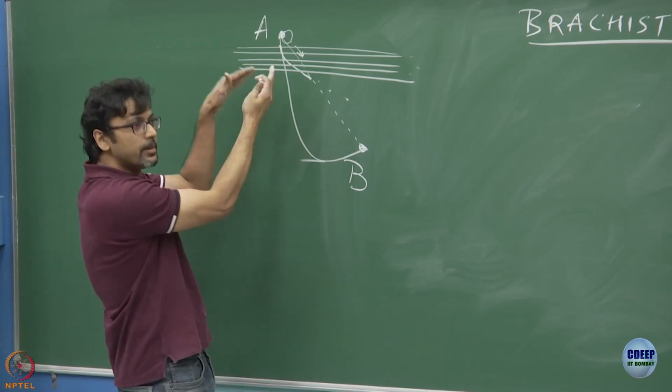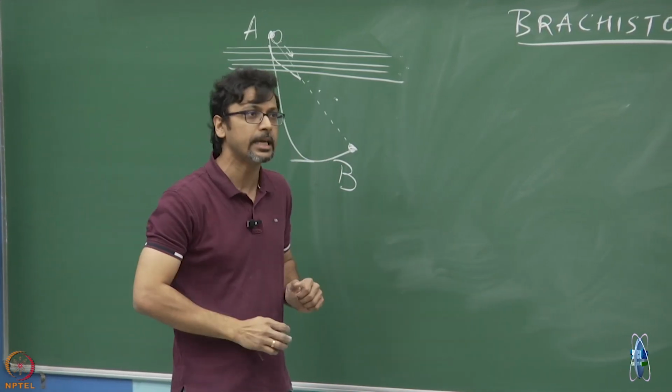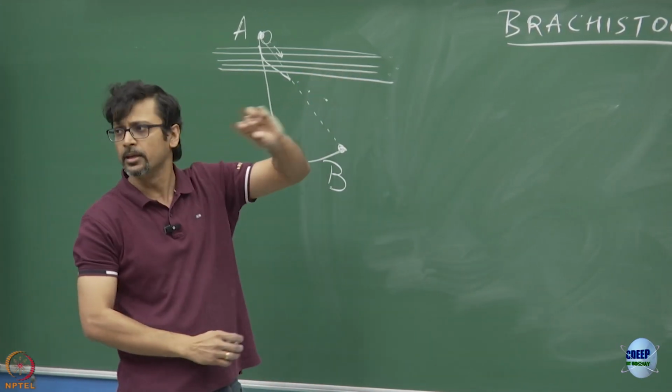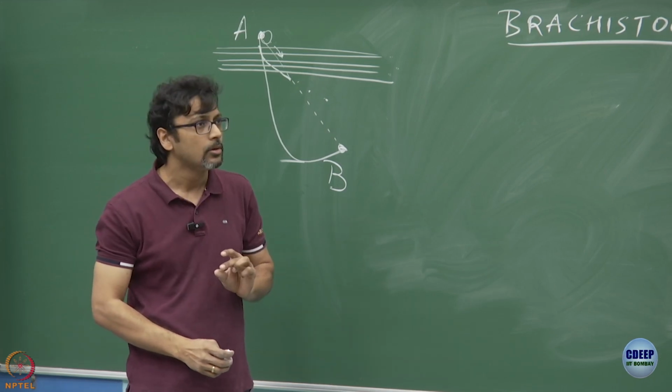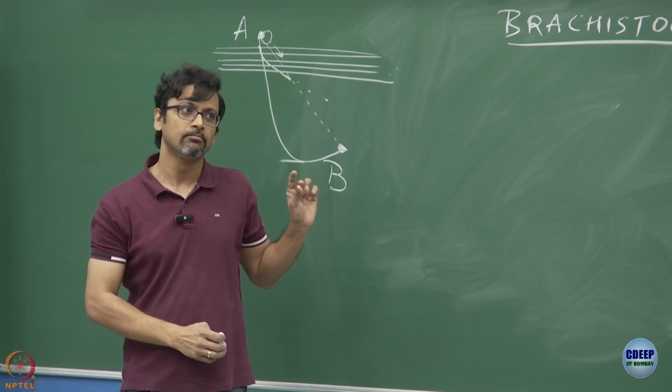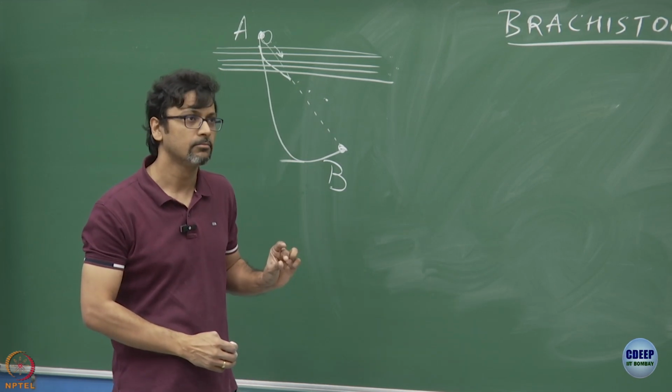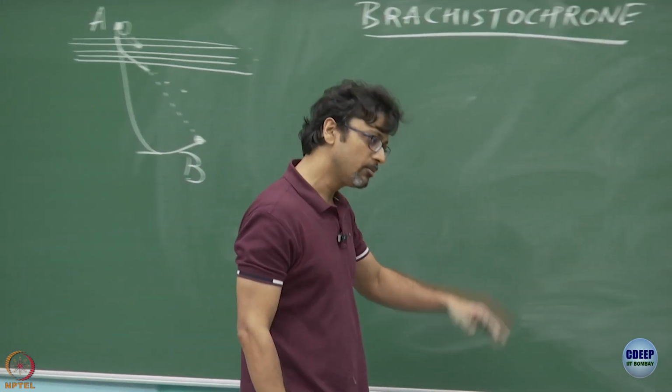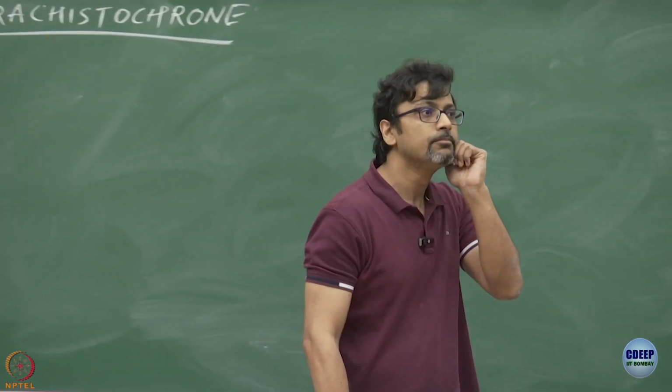Now if I approximate this like a continuous curve in the limiting case by taking these splices to be infinitesimal, what sort of a curve would I get? That was his idea. So the idea starts again from the conservation of energy.